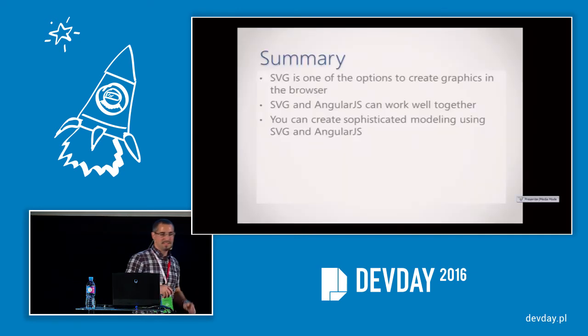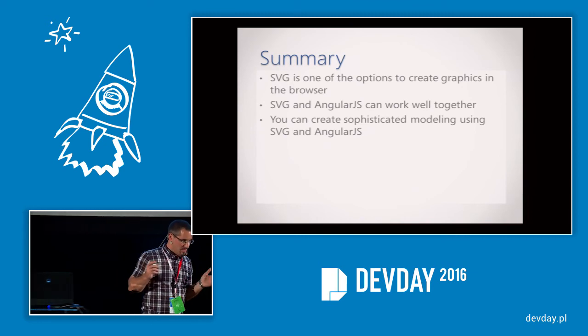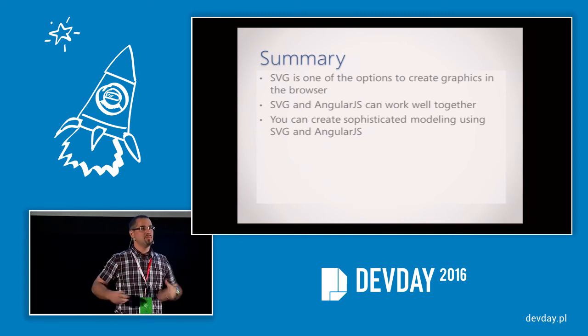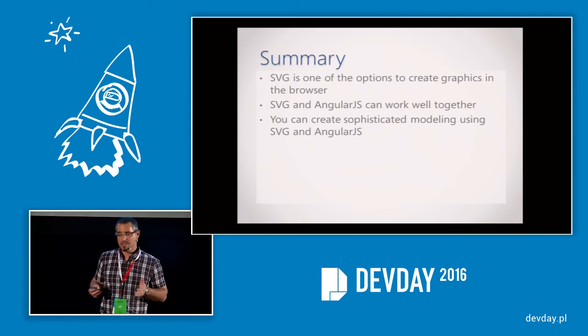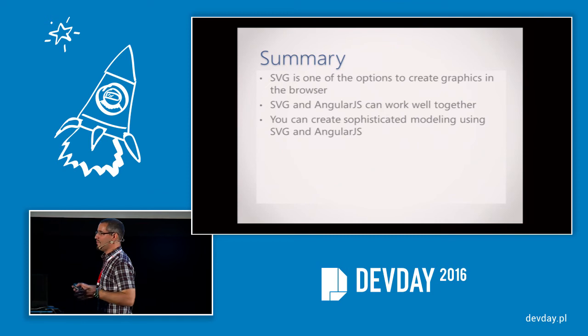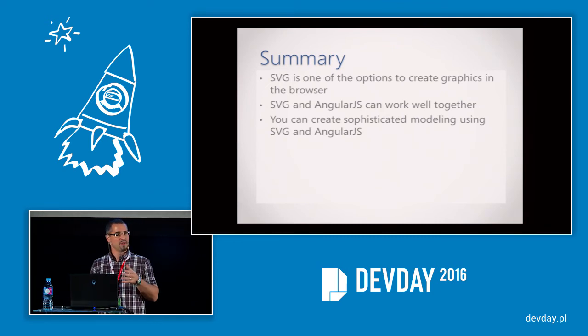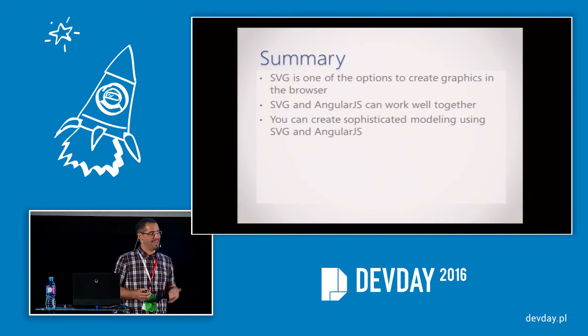So let's summarize. SVG, Scalable Vector Graphics, gives you the opportunity to create graphics in the browser. It is one model. I didn't mention that you have a pixel graphic model, which is used by a canvas element.